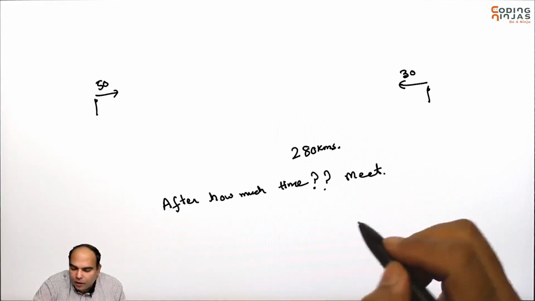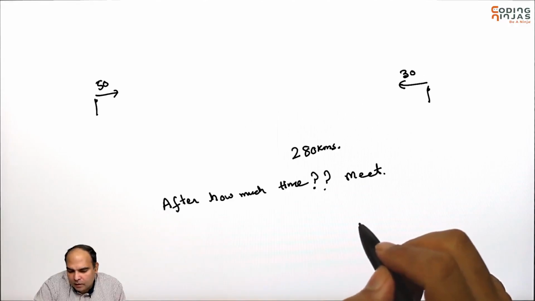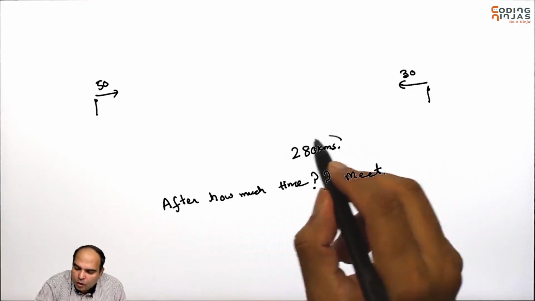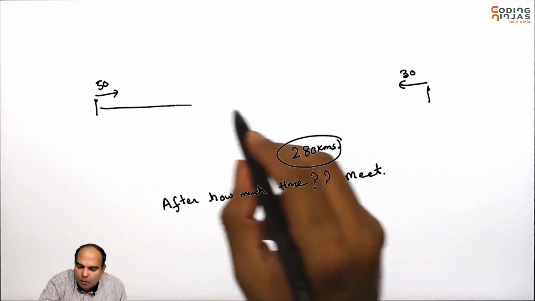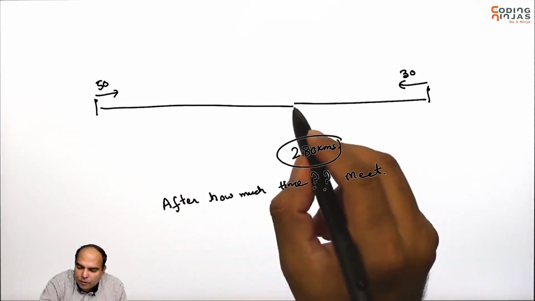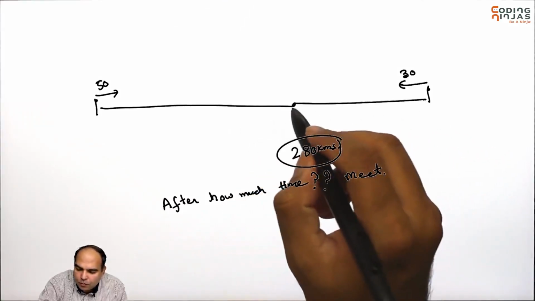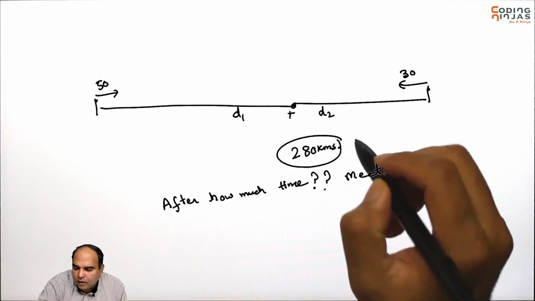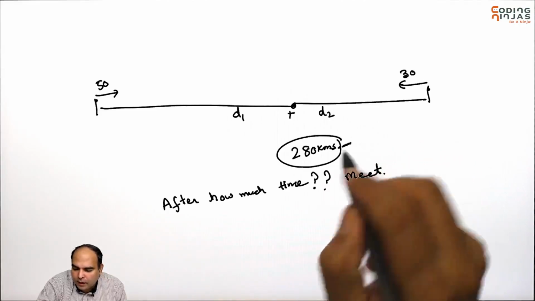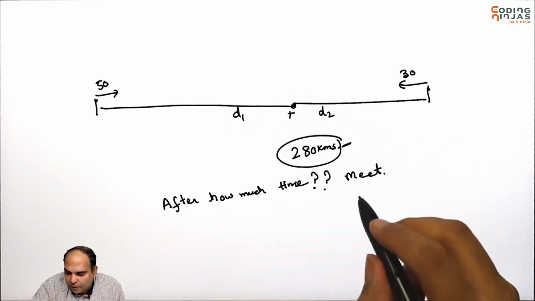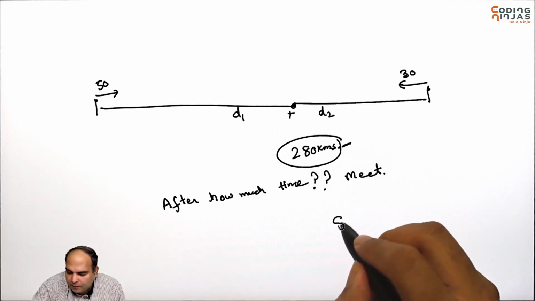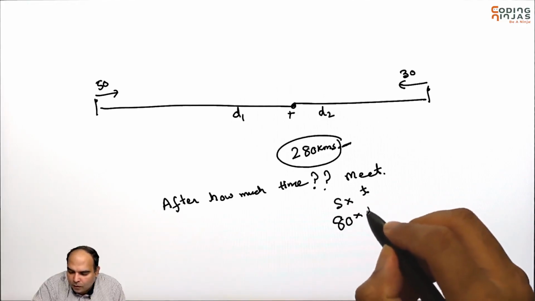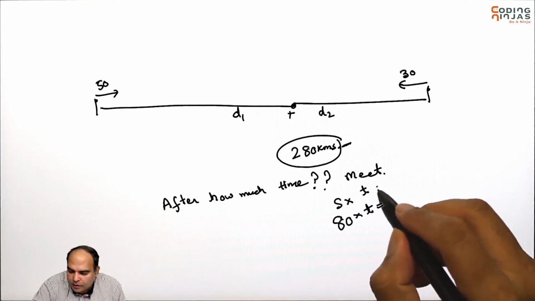So in this scenario, the way you think about this is that because the rate of approach is 80 kilometers per hour, and the total approach to be done, this car will come all the way inside and this car will also go this way. So the total approach to be done is the distance of the first car plus the distance done by the second car, which is 280 kilometers. Hence, applying the speed into time equals distance formula, you will get 80 into time, which is the required variable, is equal to distance.